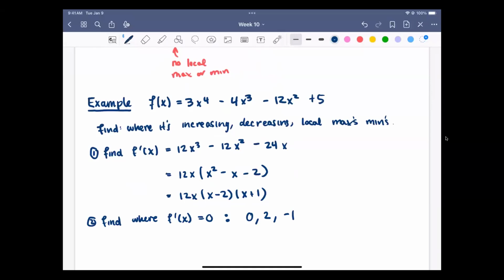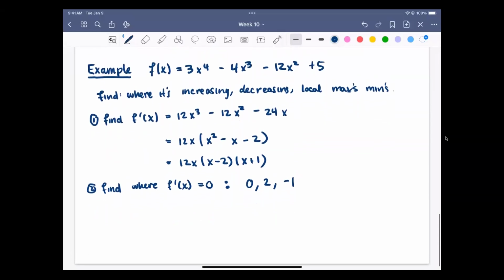Okay, so then let's figure out where f is increasing or decreasing. By the rules and tests that we have, this is gonna be whenever f prime is positive or negative.